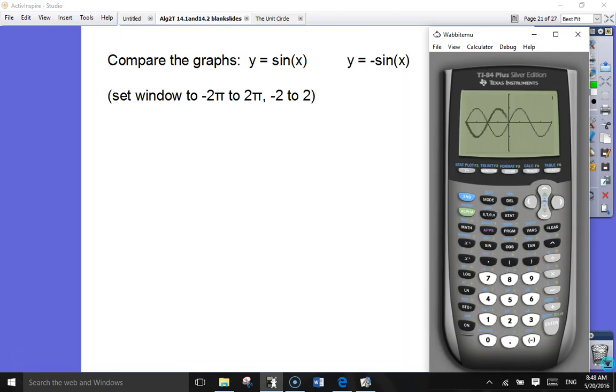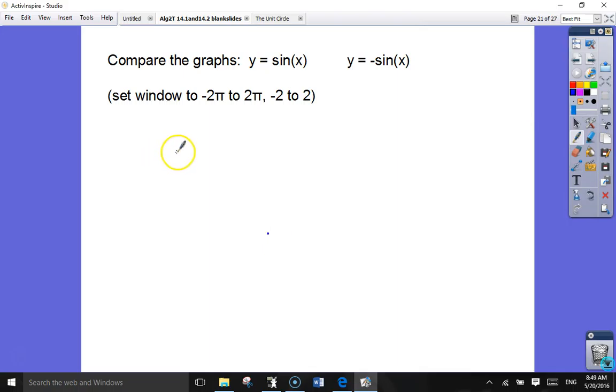And there is a negative sine function. So what did it do to the graph? Flipped it. That's what you expect. It just flipped it. So now it starts at 0 and then it goes down first instead of going up first. So that is a flip across the x-axis.